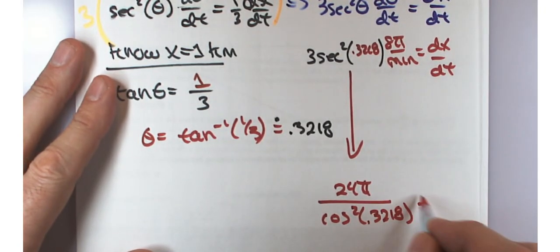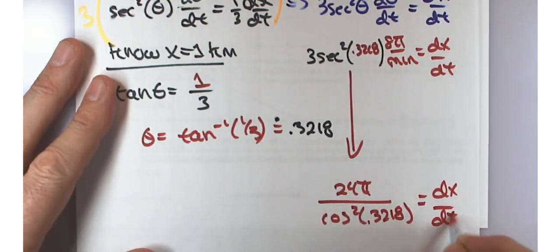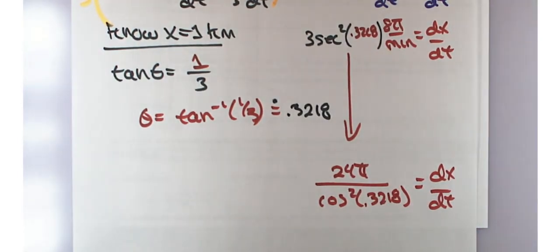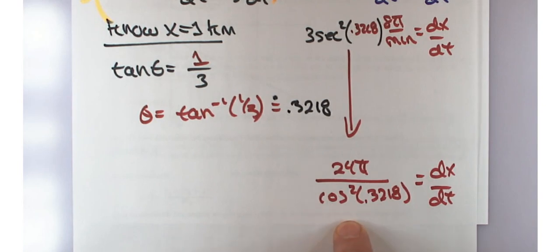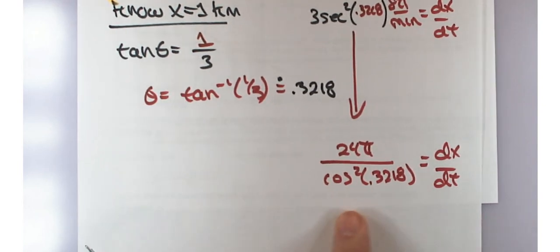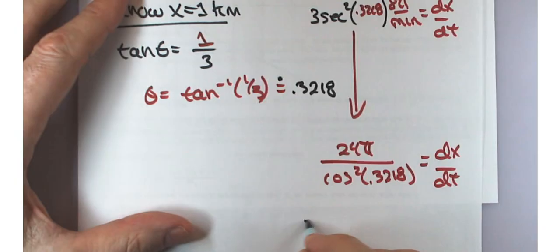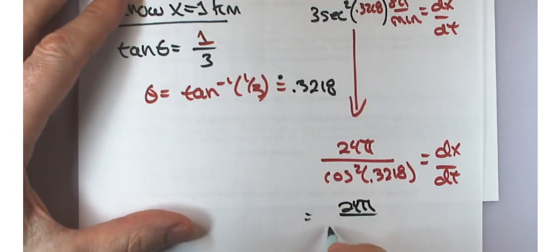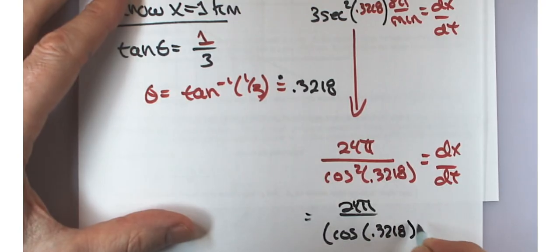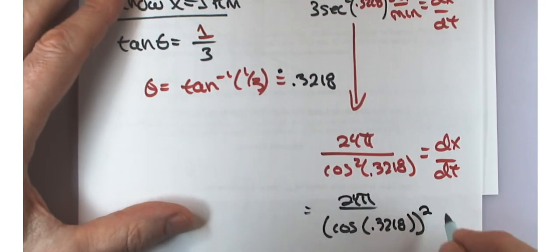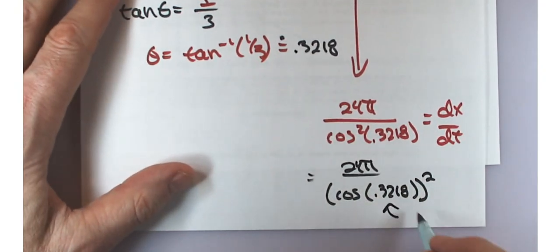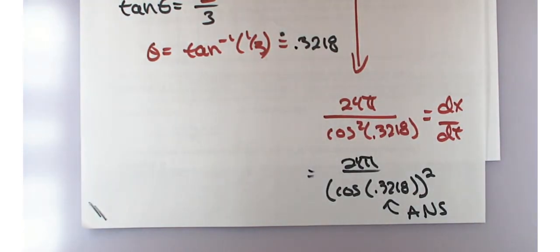And that's going to be my dx by dt. Even this is a little bit of a pain. Your calculator doesn't recognize that notation. You're going to have to do that as 24 pi over cosine of 0.3218, parentheses squared. And for my part, I'm going to use the ANS key from the calculator. That way I don't have to type that in, and I'll get an exact value.